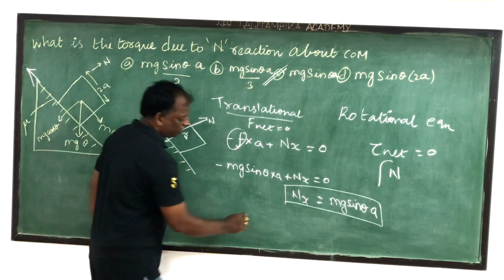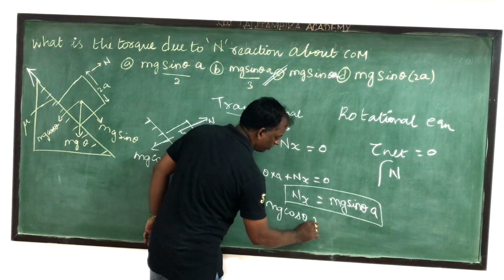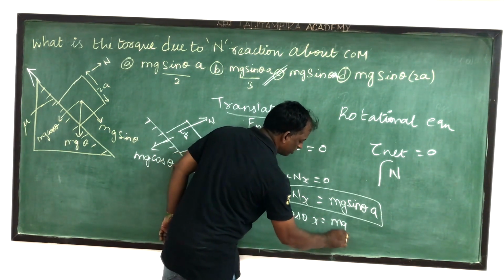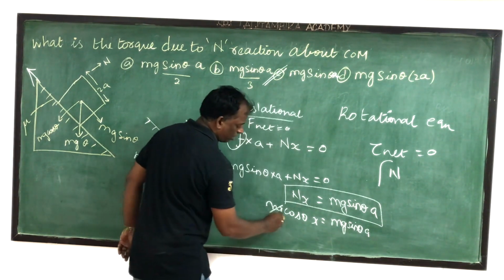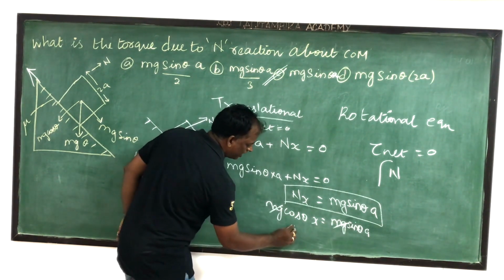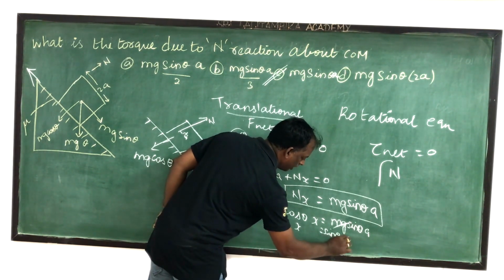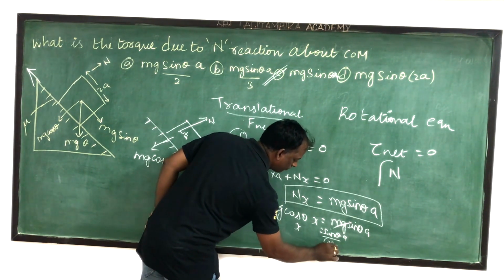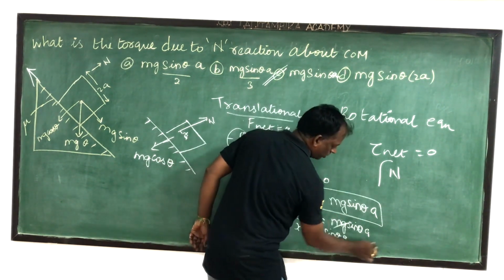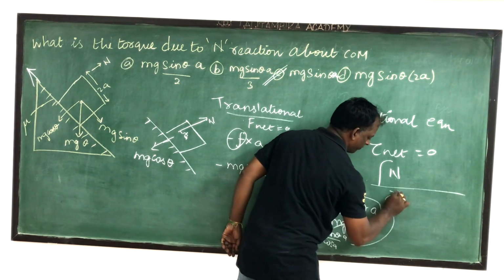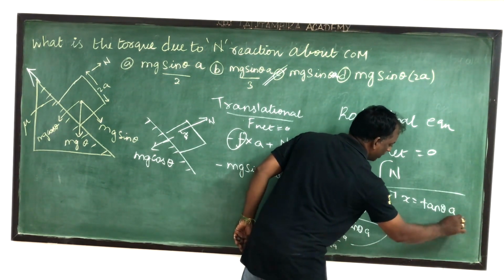So அப்ப என்ன எழுதலாம், mg cos theta into x is equal to mg sin theta into a, or mg cancel பண்ணலாம், so we can write x is equal to sin theta a divided by cos theta, or x is equal to tan theta a.